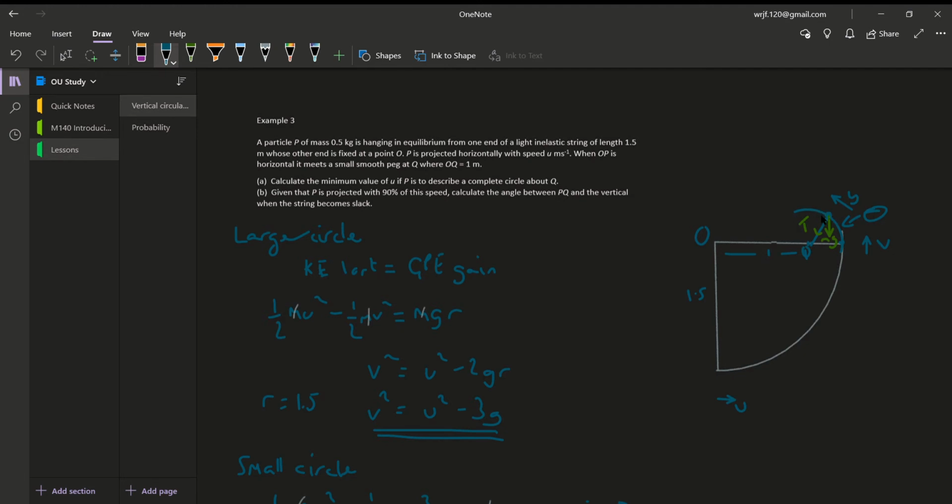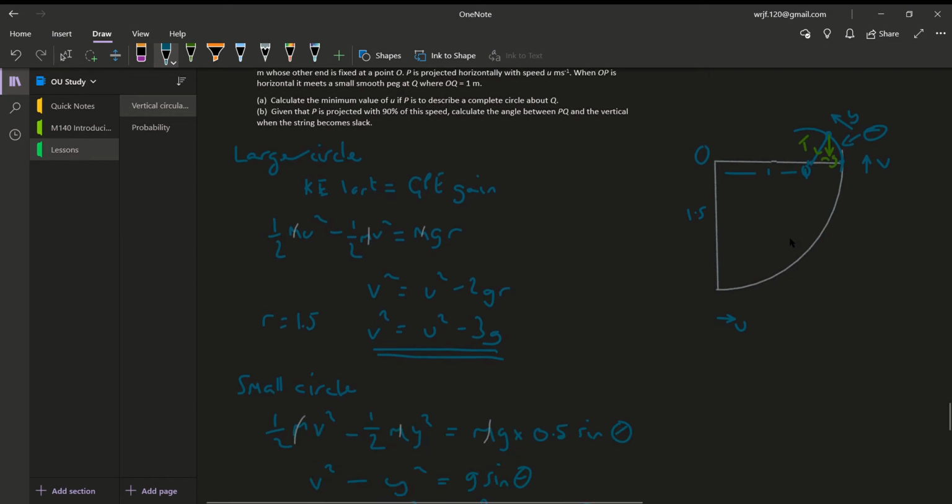We took an energy approach to look at change in speeds in the large part of the circle, and then we used a combined approach, energy and forces, to look at the journey on the second, smaller circle. In particular we were interested in the forces because we wanted to establish something at which the tension had to be greater than or equal to 0 at the top of the circle.